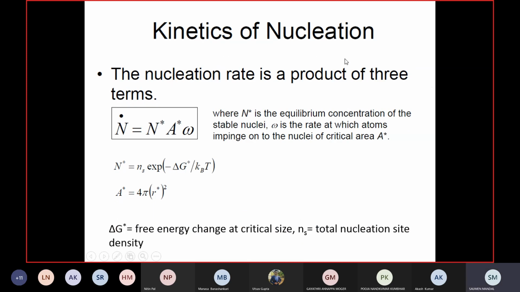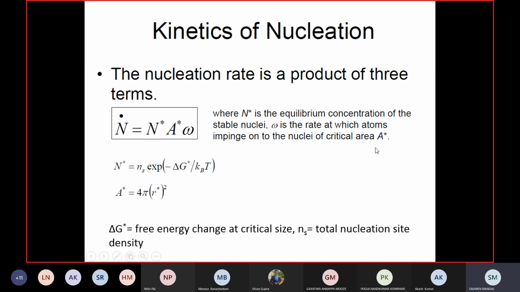Next is the kinetics of nucleation. The nucleation rate is a product of three terms. N asterisk is the equilibrium concentration of stable nuclei, and omega is the rate at which atoms impinge on a nucleus of critical area A asterisk.